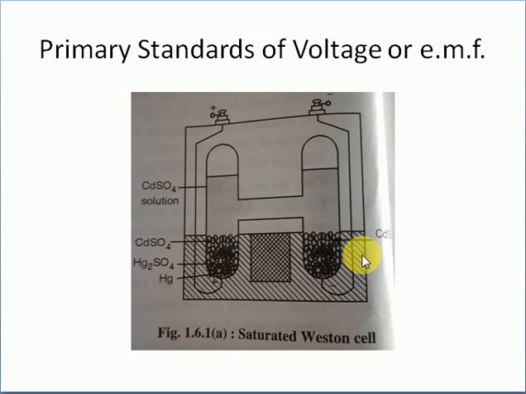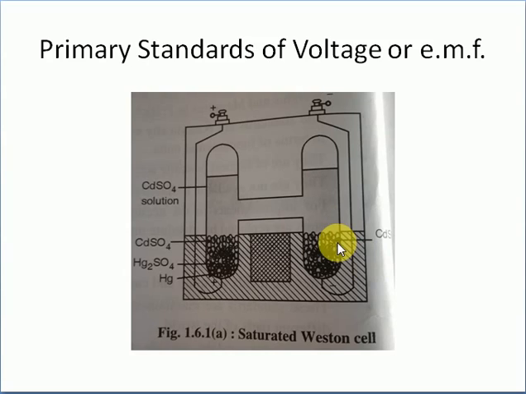On the cathode side, the cadmium sulfate crystals are placed directly on the cadmium mercury amalgam. As long as the amalgam has both solid and liquid present, the EMF of the cell remains absolutely constant.